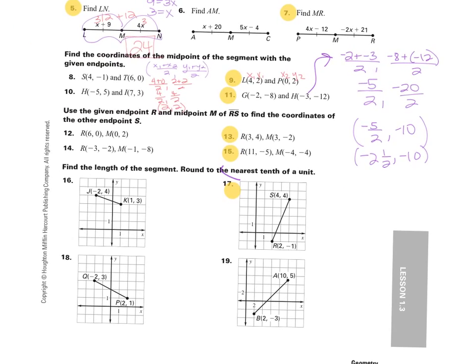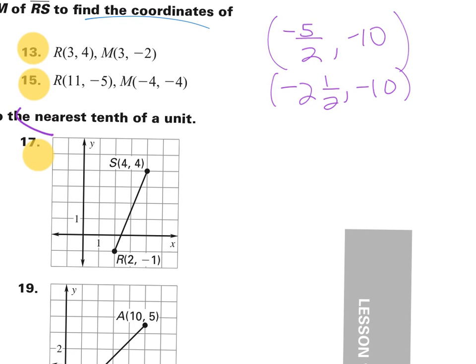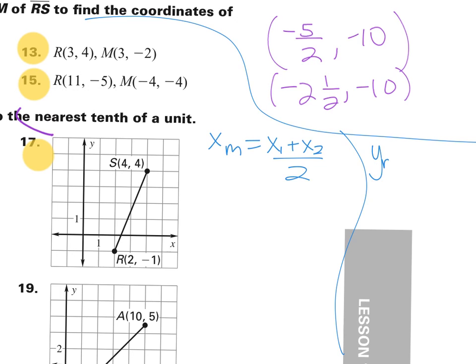Okay, number 12 through 15 says use the given endpoint and the midpoint to find the coordinates of the other endpoint. So this is the one where we've got to split them. So I would say that xm is going to equal x1 plus x2 over 2. And then I'm going to say ym, which stands for the y coordinate of the midpoint, y1 plus y2 over 2.